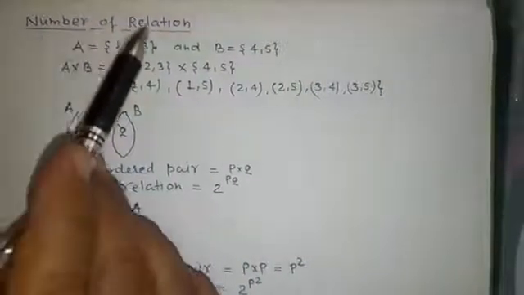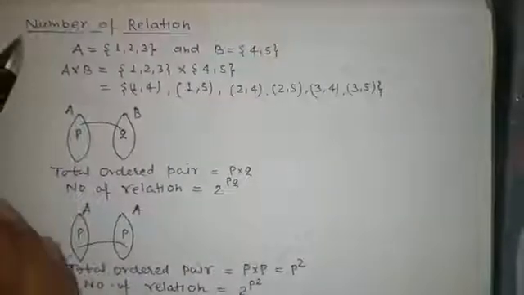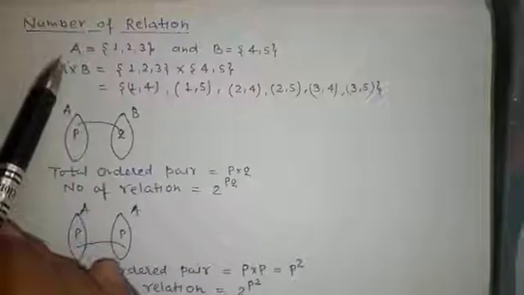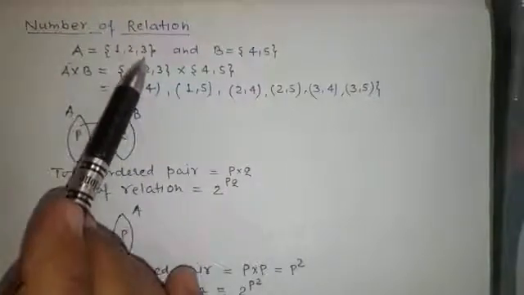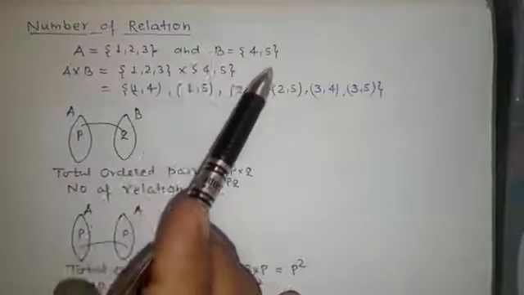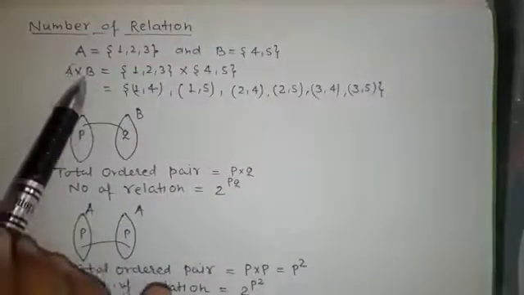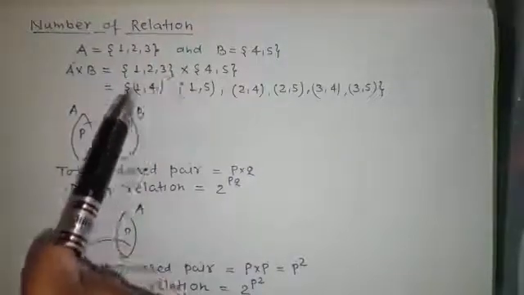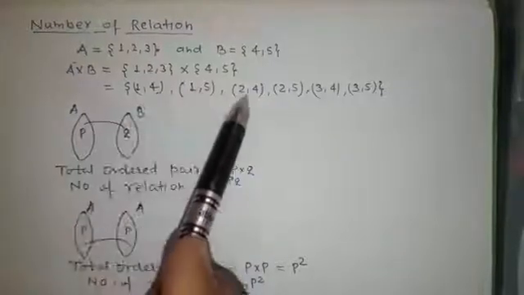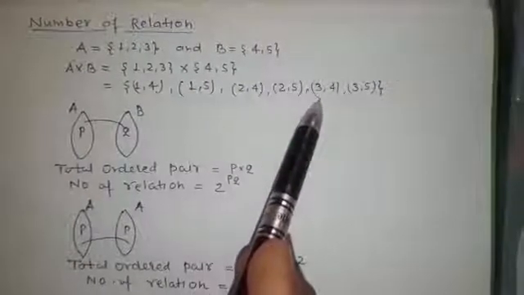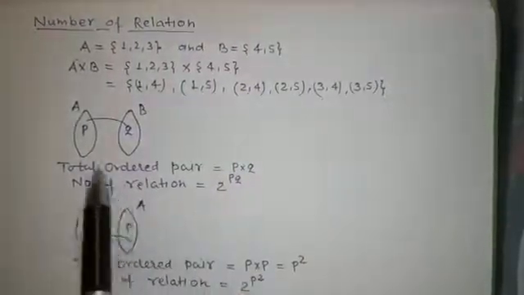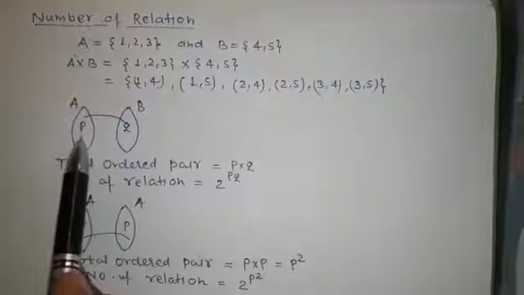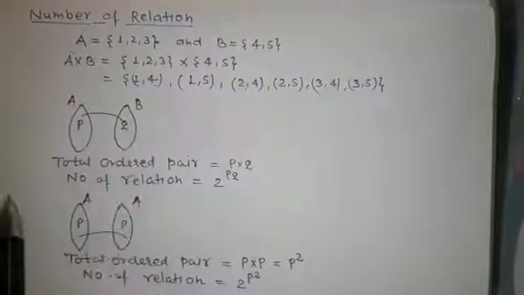Now the number of relations. For finding the number of relations, suppose A is equal to {1, 2, 3}, B is equal to {4, 5}, then A cross B is equal to (1, 4), (1, 5), (2, 4), (2, 5), (3, 4), (3, 5). Let set A have P elements and set B have Q elements.